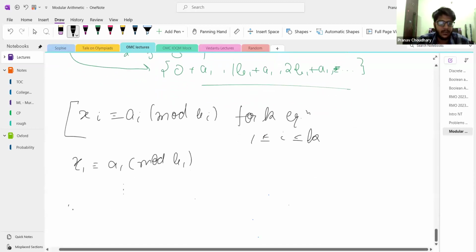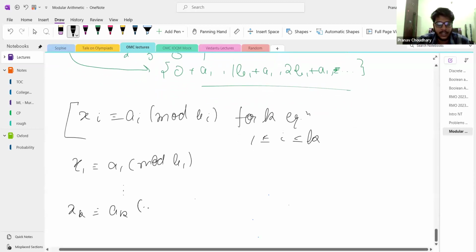But what if now I have k plus 1 equations? How can I prove that there exists a solution in this case as well?